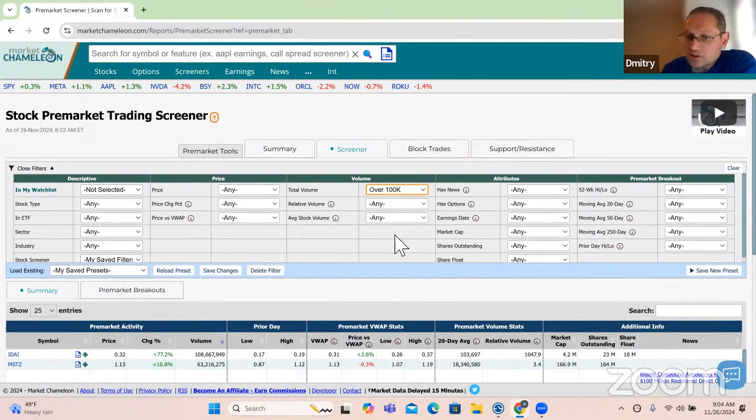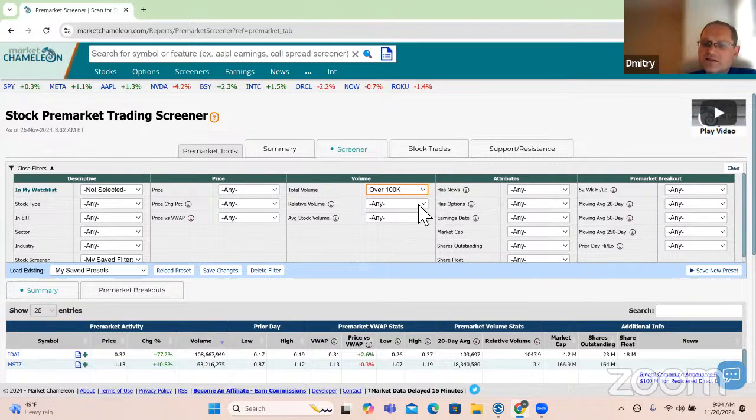And we might want to narrow that down even more by saying that on a relative basis, it's got to be something above its average. It's trading 100,000, but if on average it trades 500,000, it's not that significant. Maybe I'm looking for some trading activity because trading can present certain opportunities.